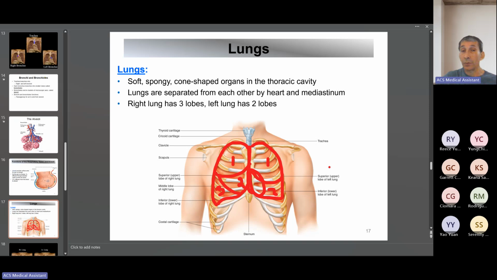Remember, the left side is where we have the heart, I'm sorry. So this is important, a question for the exam. The left side of the lungs has how many lobes? Two. The right side of the lungs, how many lobes? Three.